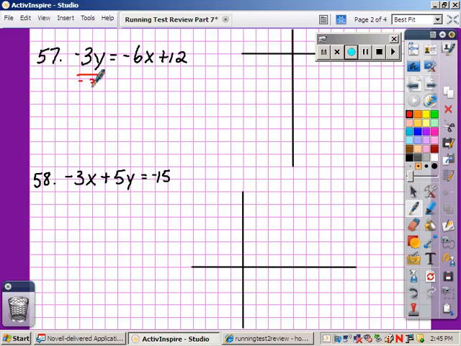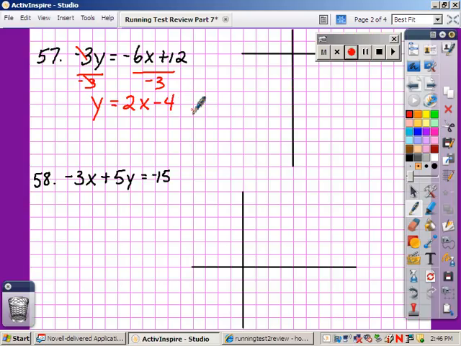So I'm going to divide it by -3 so that it cancels and leaves just the y. Now the remainder of this is to take -6 divided by -3. Two negatives make a positive, so this is actually 2x. And then 12 divided by -3. Now there's only one negative, so it will be negative. 2x minus 4 is the answer.